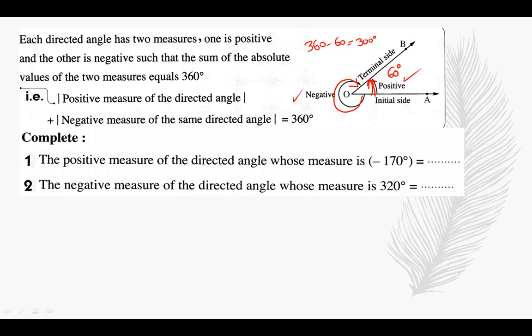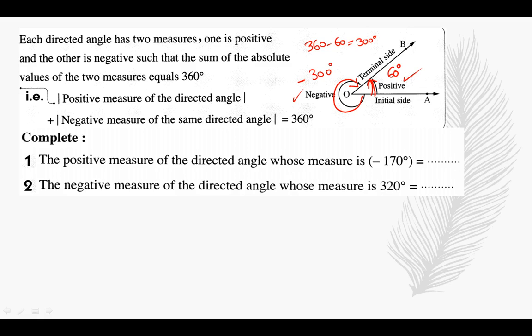So the measure of this angle is 300, but the direction of rotation is negative. So we will write this angle as negative 300. So the negative here doesn't mean that we have an angle of negative measure. No, the measure of this angle is 300, but the direction of the rotation is negative.